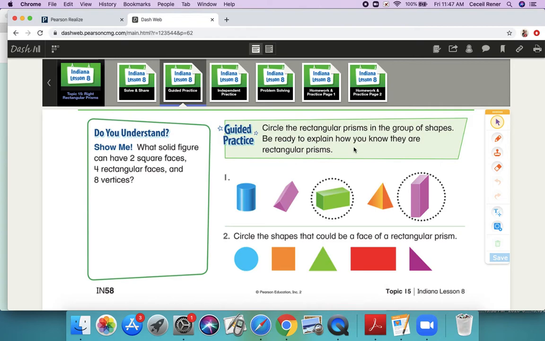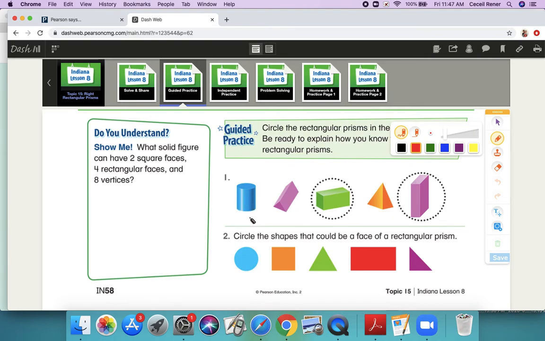Well, we know in a rectangular prism, the faces can be squares or rectangles. So let's look at these shapes right here. I'm going to get a pen. Let's look. We have 1, 2, 3, 4, 5 shapes. So now we have to look at them. A rectangular prism, the faces can be squares or rectangles.